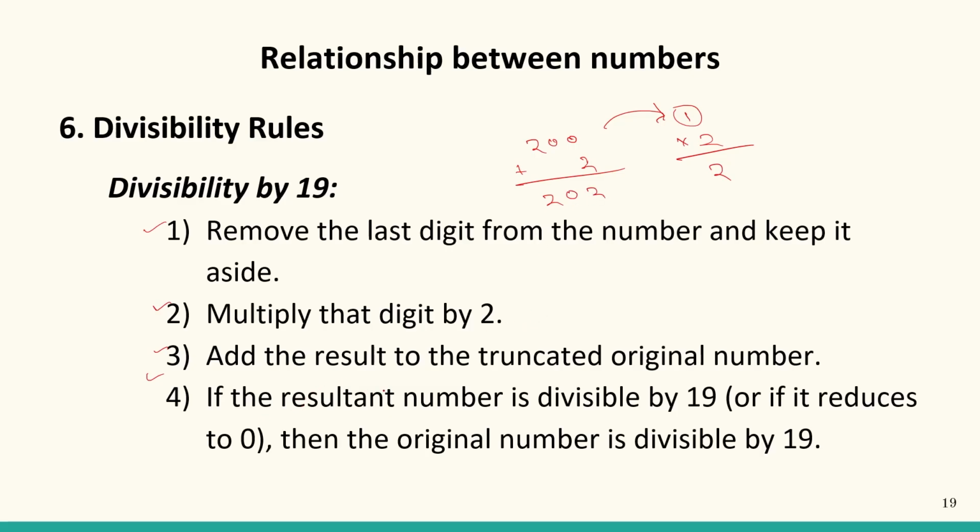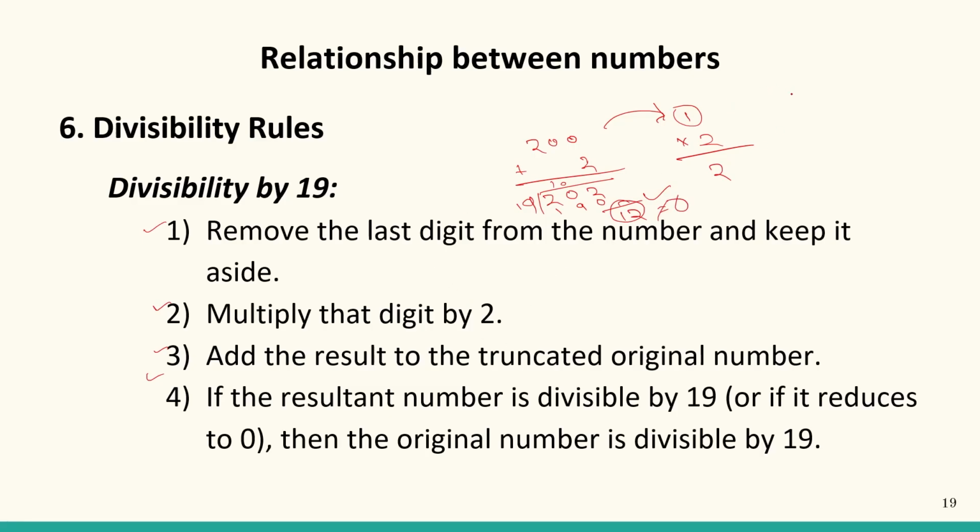Then if the resultant number is divisible by 19, or if it reduces to 0, the original number is divisible by 19. When divided by 19, we are left with a remainder: 19 into 10 is equal to 190, so we are left with 12. The remainder is 12, which is not equal to 0.